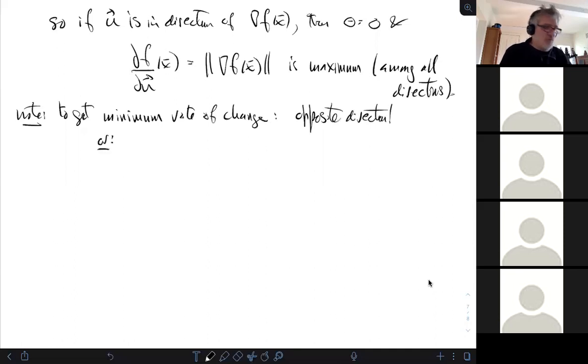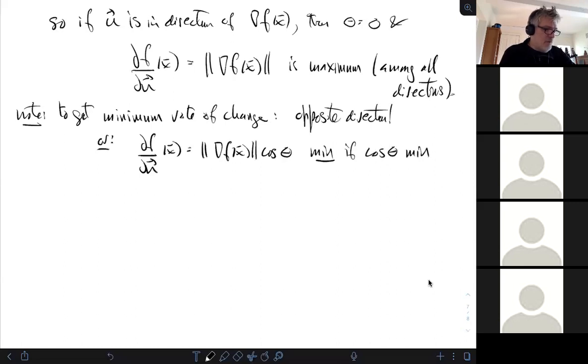Or if you want to do it directly, you can use this. So del f del u, again, is the length of the gradient at x bar times the length of u, which is 1, times cos theta. This is minimum if cos theta is minimum. And this happens if it's -1. That's the least possible value you can get for the cosine.